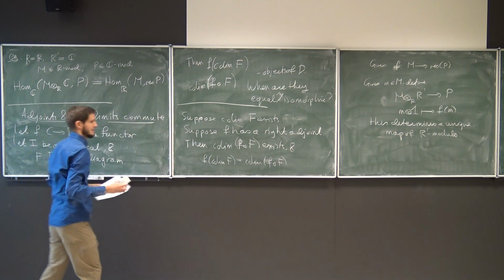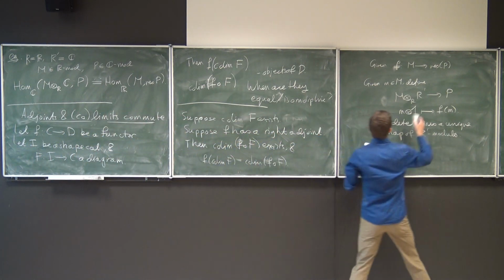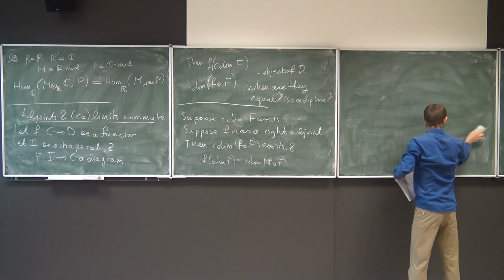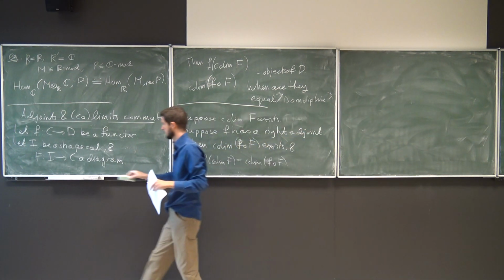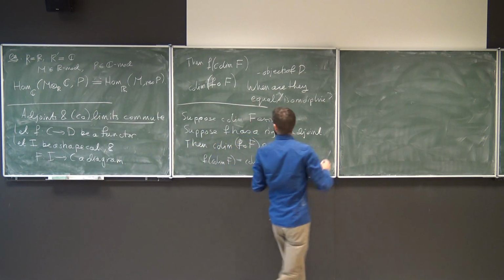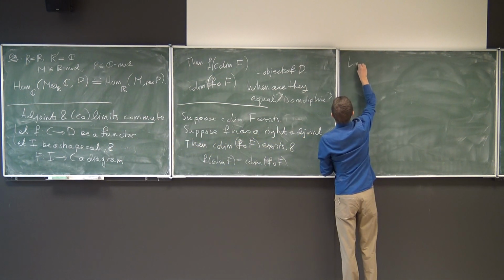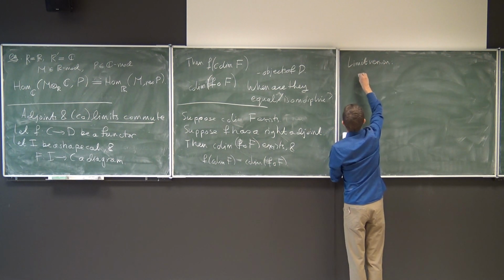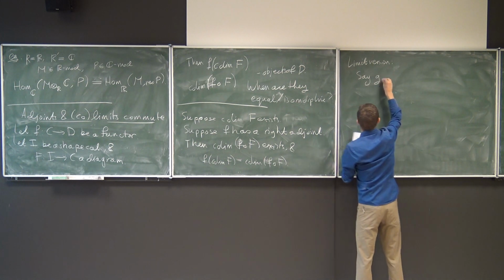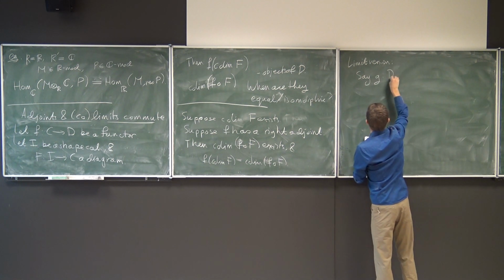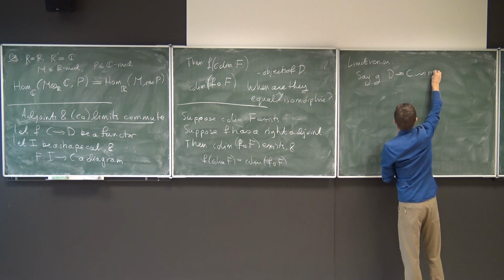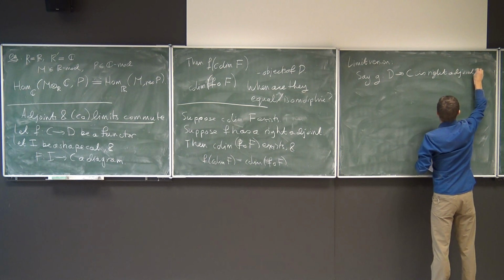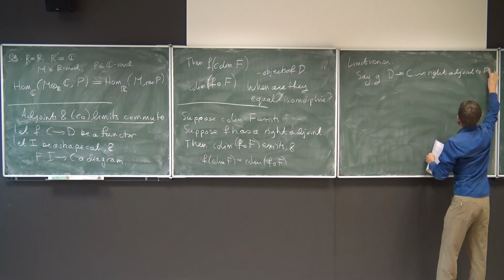There's a directly analogous statement for limits. Say G from D to C is the right adjoint to F, sorry, to little f.